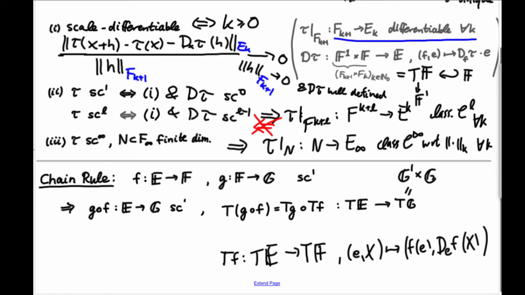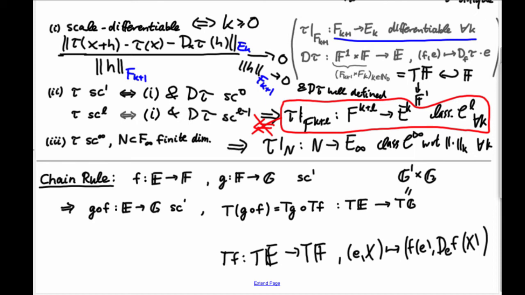And I think I said this last time. If you just had this definition for scale smoothness that says if you want C1, you have to shift in level by 1, then the chain rule wouldn't quite work.